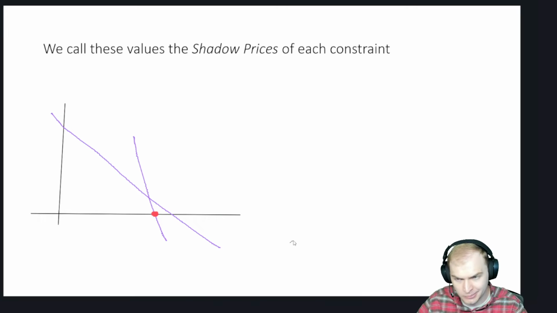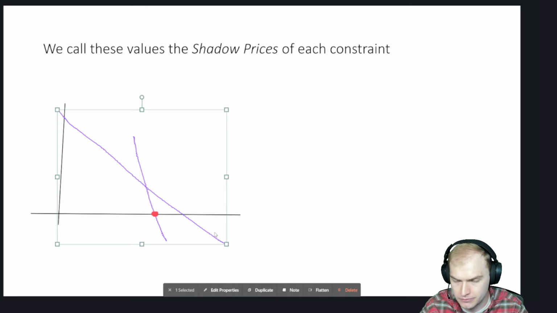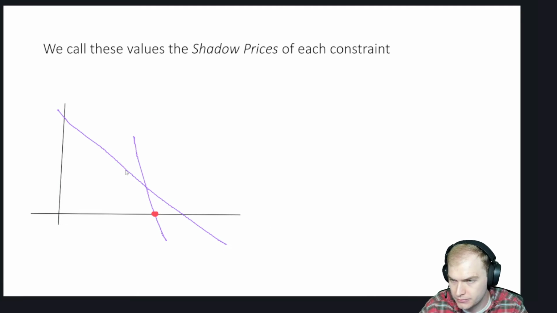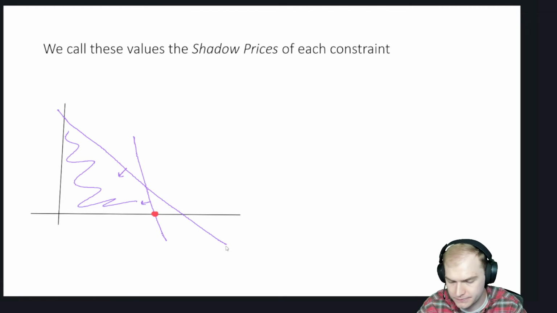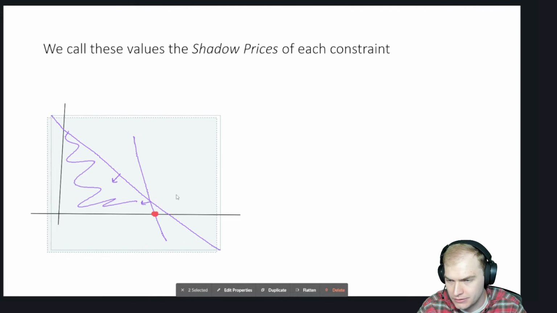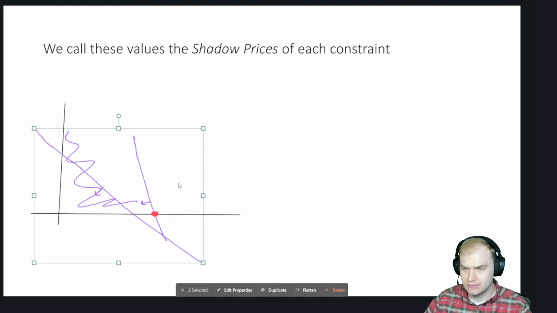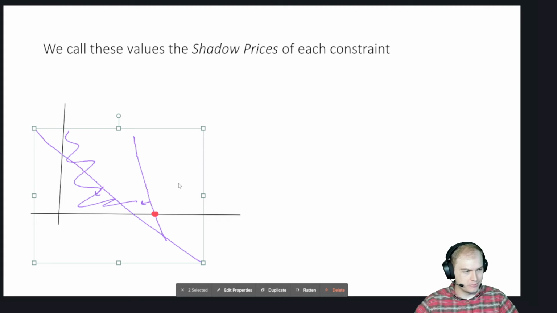We can perturb it a little bit. Suppose they were both pointing inwards, so this is the feasible region. We can perturb that somewhat until we get to where it intersects the optimal solution. And then suddenly, if we move it past that, it becomes infeasible.